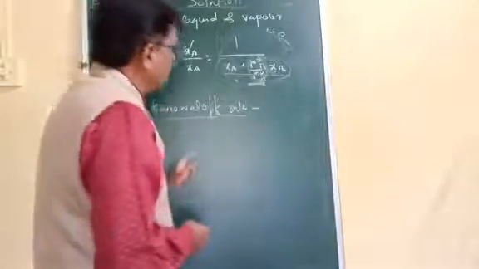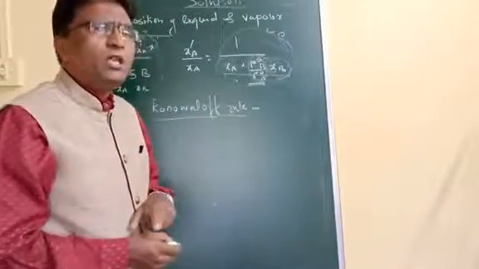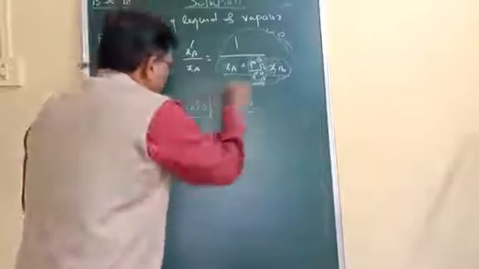That means the more volatile component is always richer in a vapor phase than in liquid phase, which is Konovalov's rule.